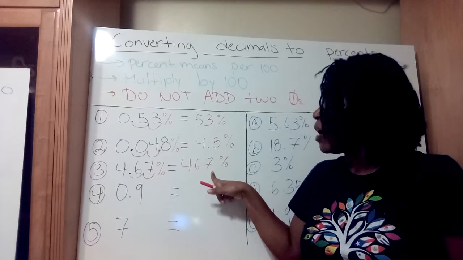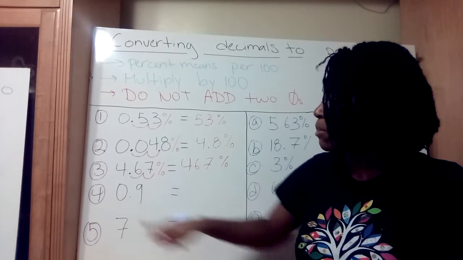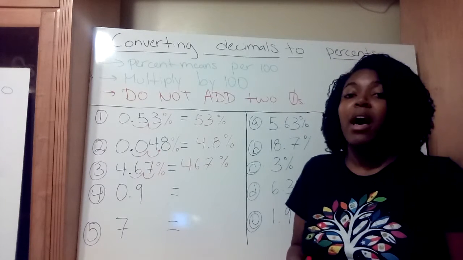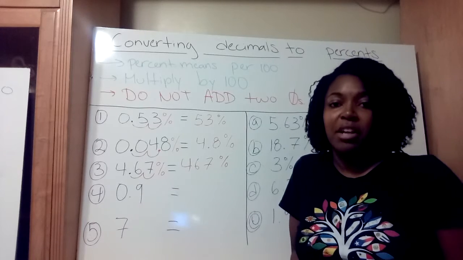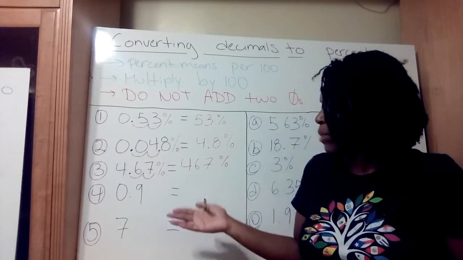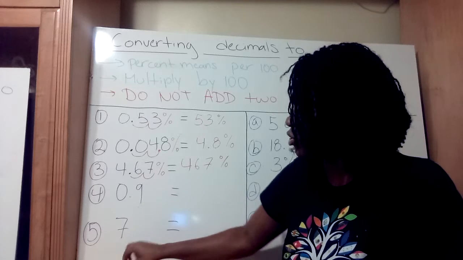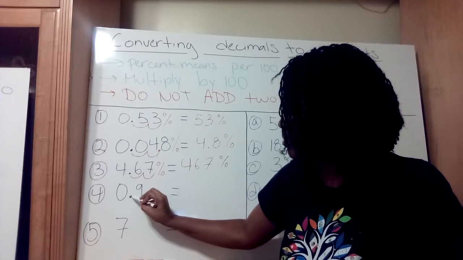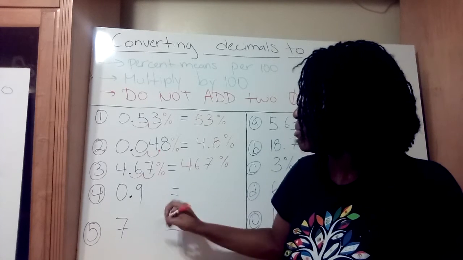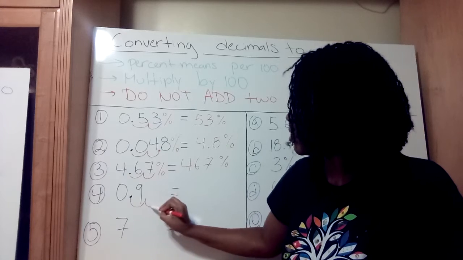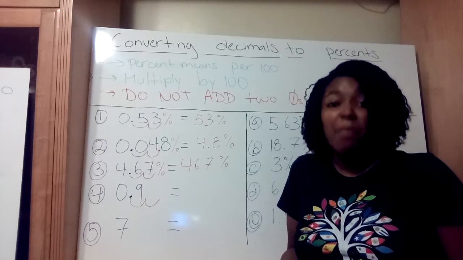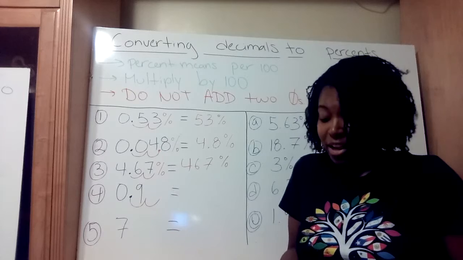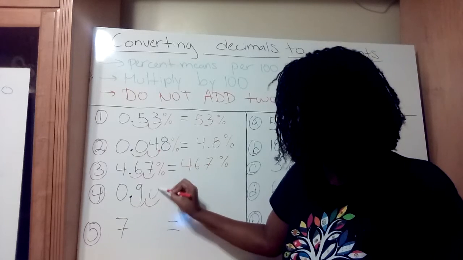Okay? All right. For the next one, number 4, 0.9. I purposely chose this number because it has nothing right there. All right? So what happens when I go to move my 2 place values? I'm going to have to remember that even though there's nothing there, we have a number to represent nothing, right? We call that number 0.